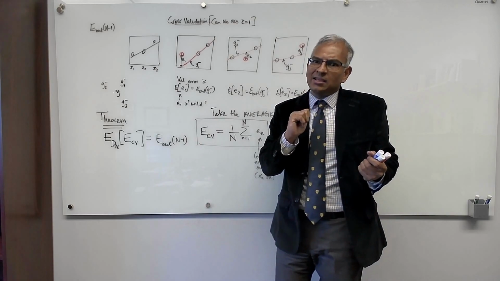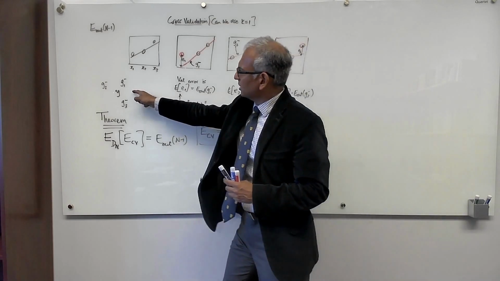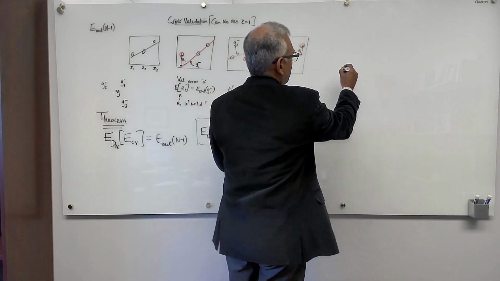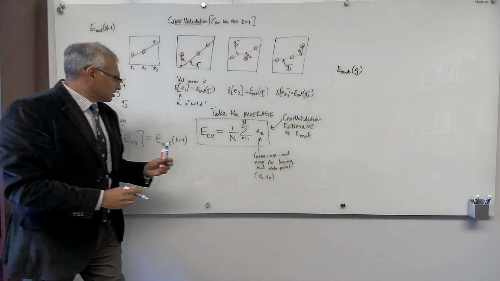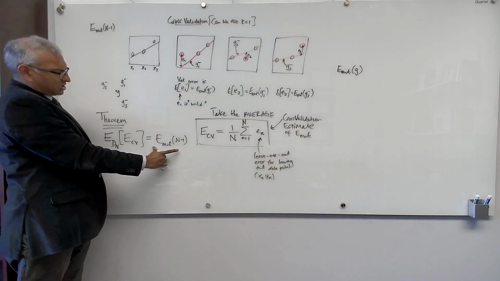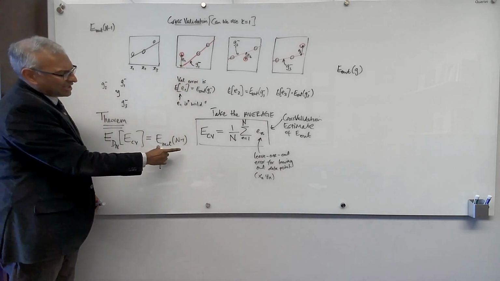Now, in reality, you are going to learn on n data points and output g. So E out of g, because this is the expected error on n minus 1 data points, you expect that to be slightly less than this.